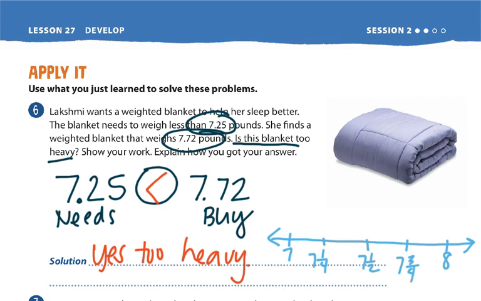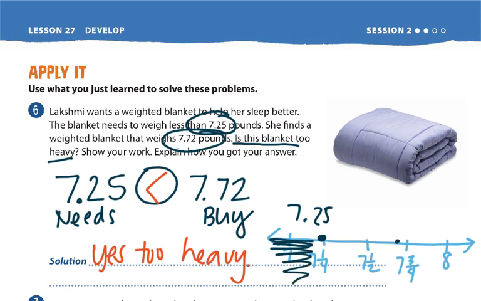So 7.25 would be here. This is 7.25, and another one is 7.72, so that's just under 3/4. So she can only have something that is less than all this space over here. So yeah, it's definitely too large.